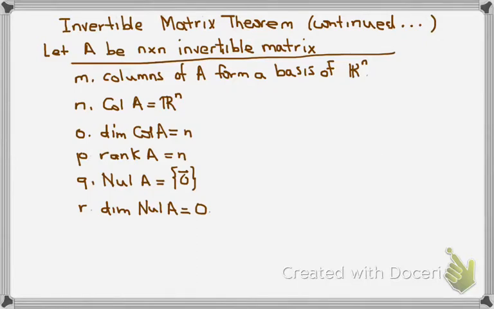Hence, we know that the only solution to Ax equal to 0 is the 0 vector, which would give us the null space. And lastly, it tells us that the dimension of the null space is equal to 0. Well, if every column of A has a pivot, then there are no non-pivot columns, so the dimension of the null space must be equal to 0.